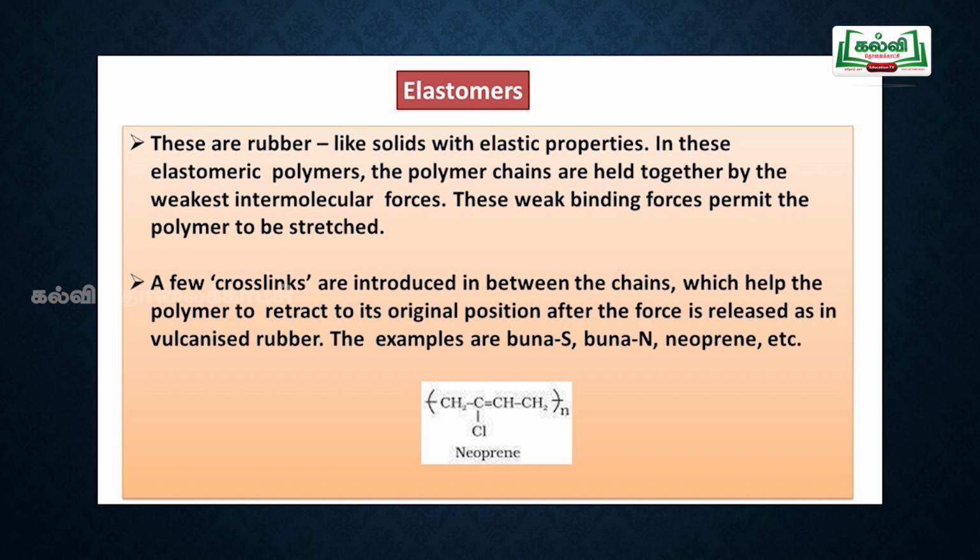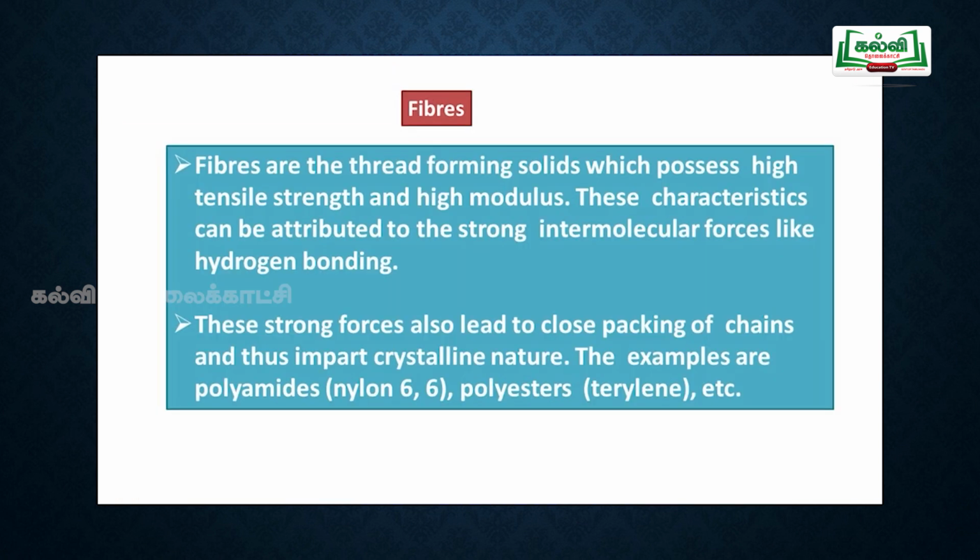And one more type of polymer, fibers. What's the important thing? Strong attractive force between the polymer chains. The intermolecular force of attraction is very high, because the intermolecular force may be hydrogen bonding or another strong intermolecular force.